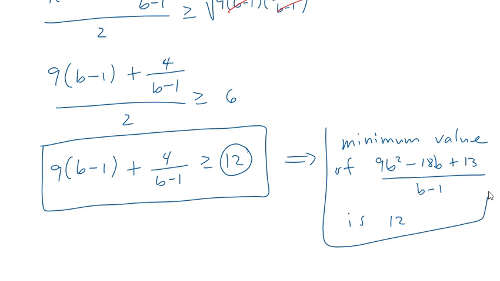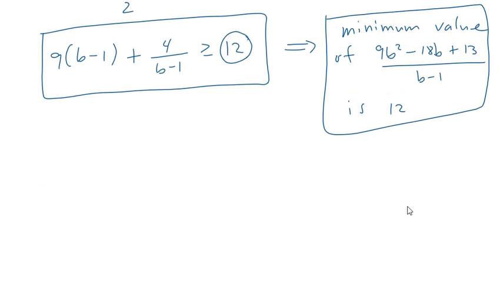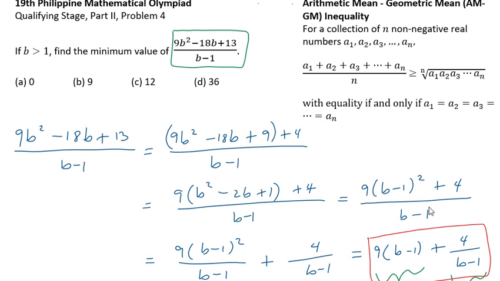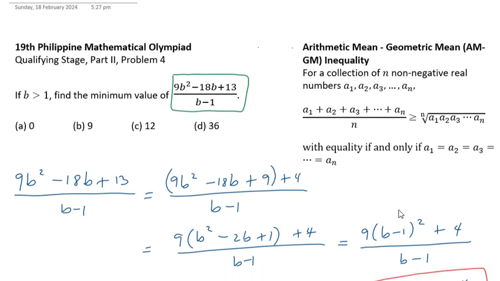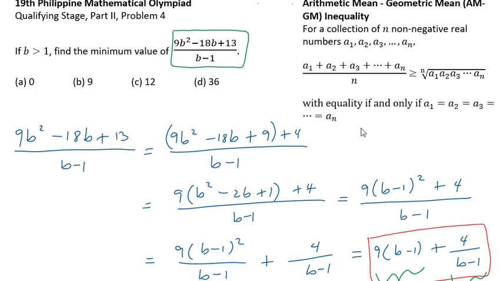But we have to check for which value of b the minimum value of 12 is attainable. To do this, let's go back to the description of the AM-GM inequality. How can we do this? So take note, equality holds if a sub 1 equals a sub 2, a sub 2 equals a sub 3, and so on.